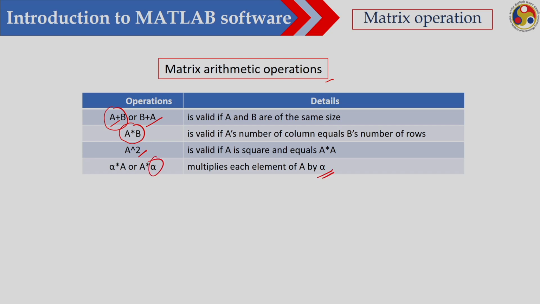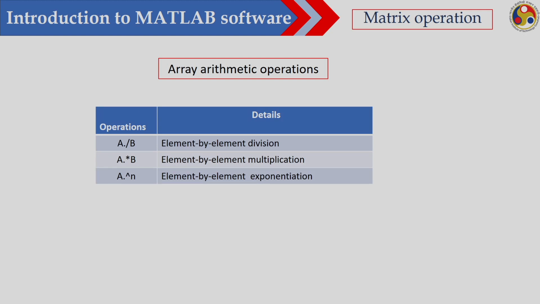So, what will happen? And if I want to do element by element division, that means the element by element operation, then I have to put this particular dot, okay. So, this will do the element by element operation. So, this is division, this is multiplication, and this is exponentiation.